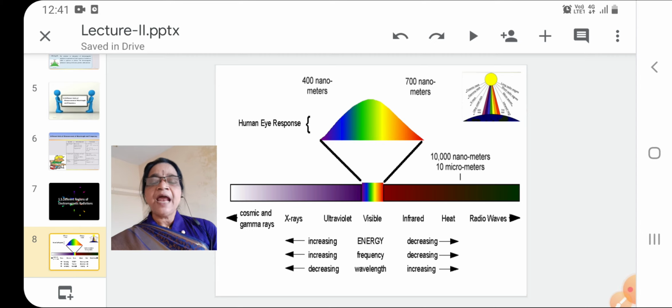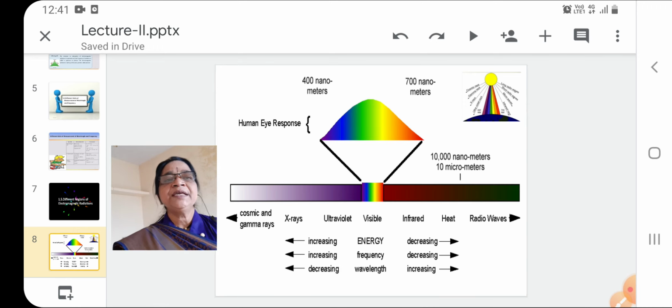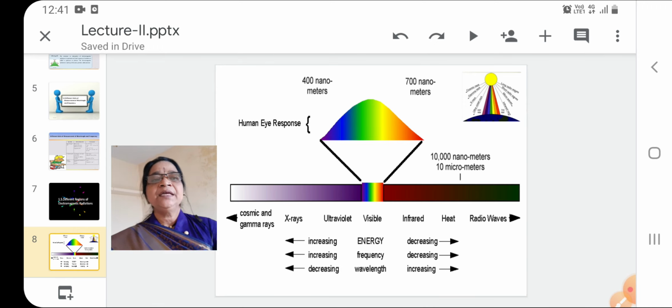Thus, light waves are the electromagnetic radiations in the visible region. Here it is showing the cosmic rays to the radio waves. The energy increases from radio waves to cosmic rays, and the wavelength decreases from the radio waves to cosmic rays.